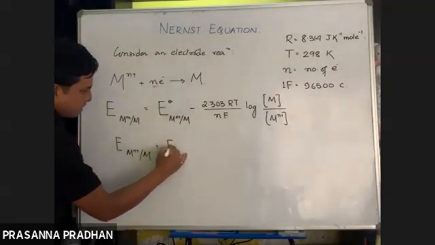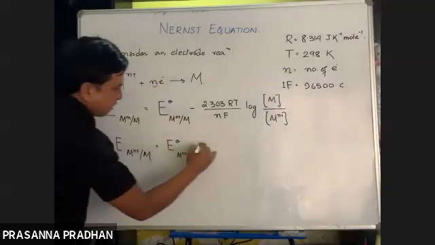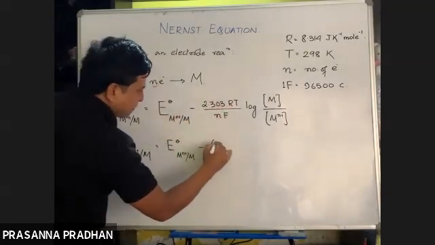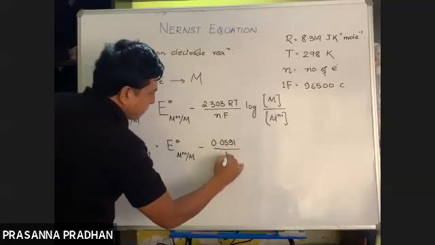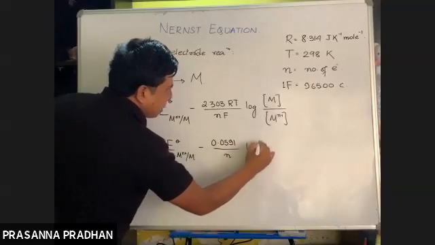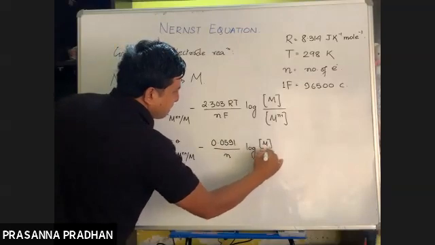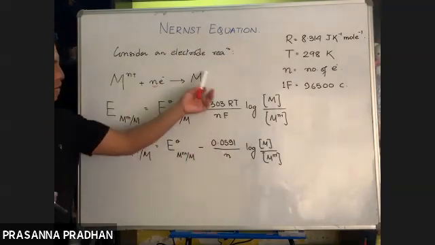It is equal to E naught of Mn+/M minus 0.0591 by n, log of M divided by Mn+. So this is the Nernst equation for an electrode reaction.